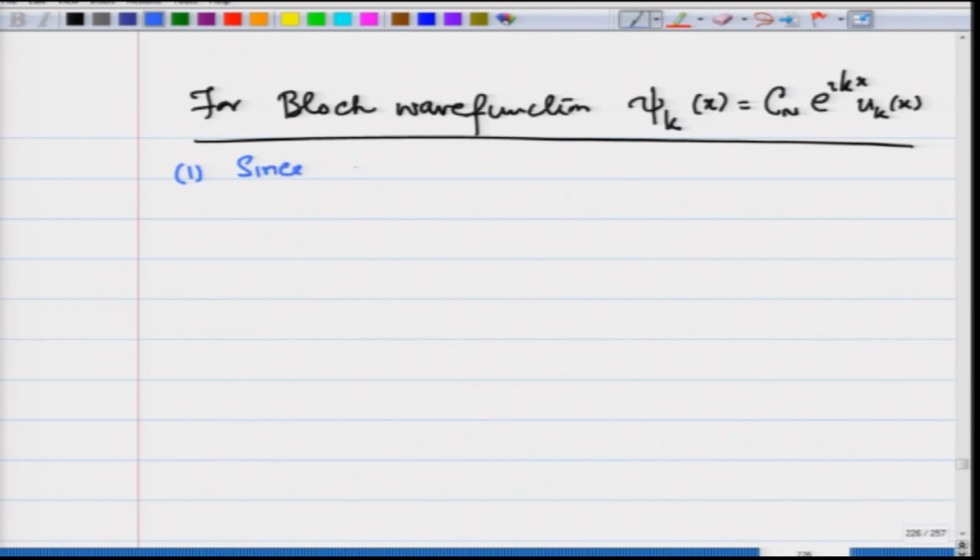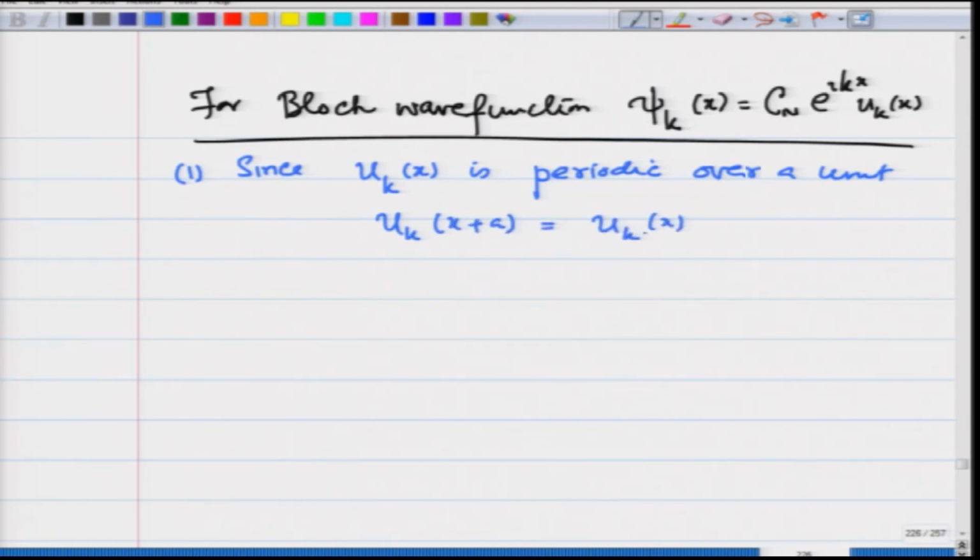Since u k x is periodic over a unit, that means if I go from one unit to the other, it is exactly the same. U k x plus a is same as u k x, then we normalize u k x over a unit cell.